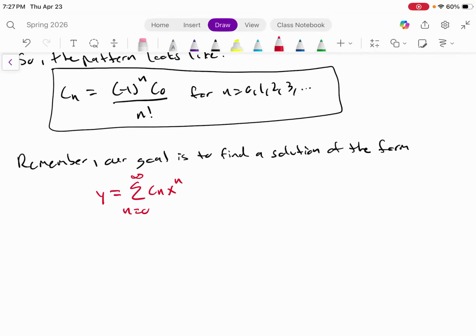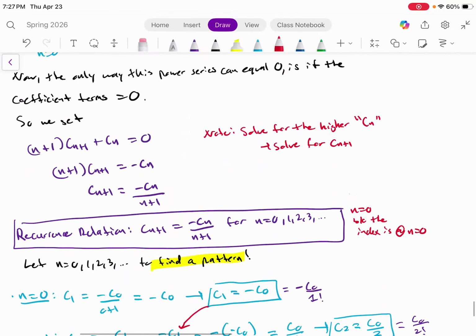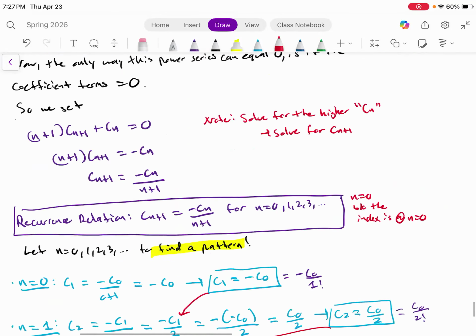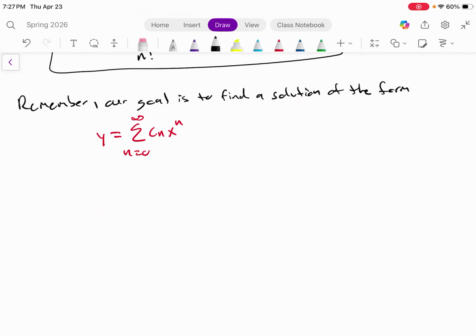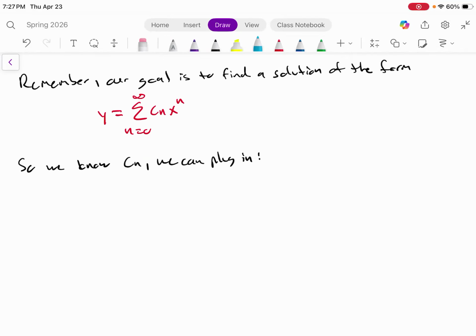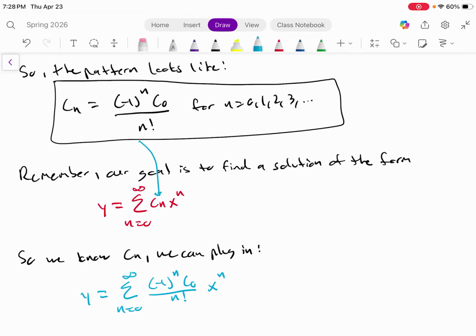We have x to the n, right? We know what c sub n is now, so we could go ahead and plug it in. So we would have y equals a series n equals 0 to infinity, negative 1 to the n c naught over n factorial times x to the n. I'm plugging this right in there.